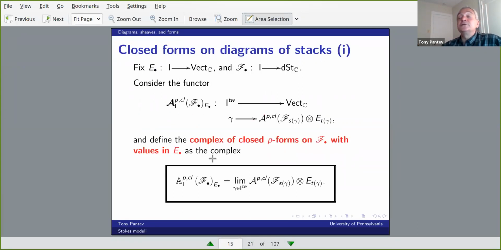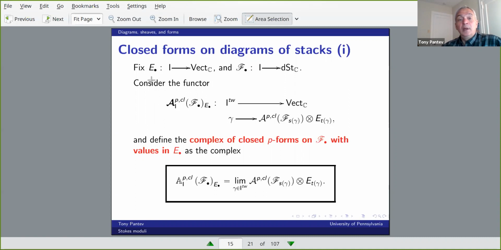And now you can use that to talk about forms on diagrams of stacks. So suppose that you have a diagram of derived stacks labeled by I, I'm calling it F, and I'm going to add an extra layer of flexibility by allowing my forms to have coefficients in complexes of vector spaces.